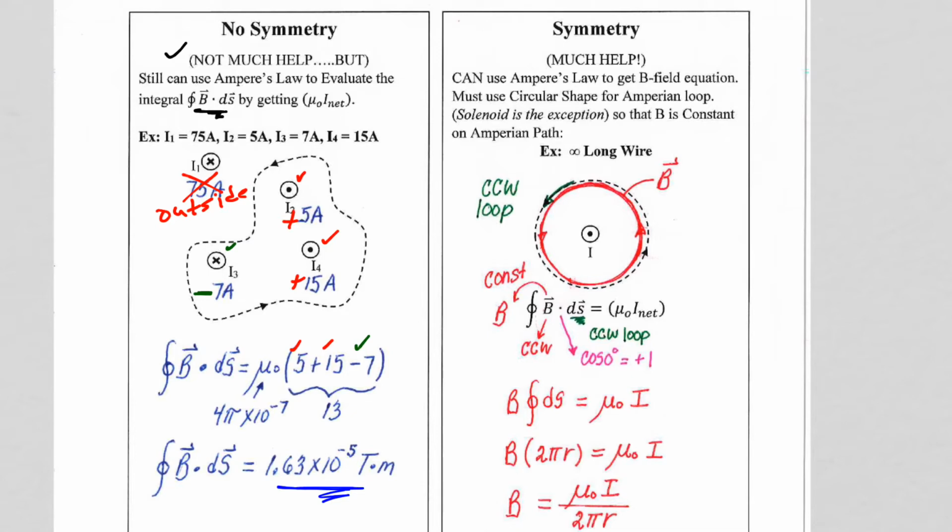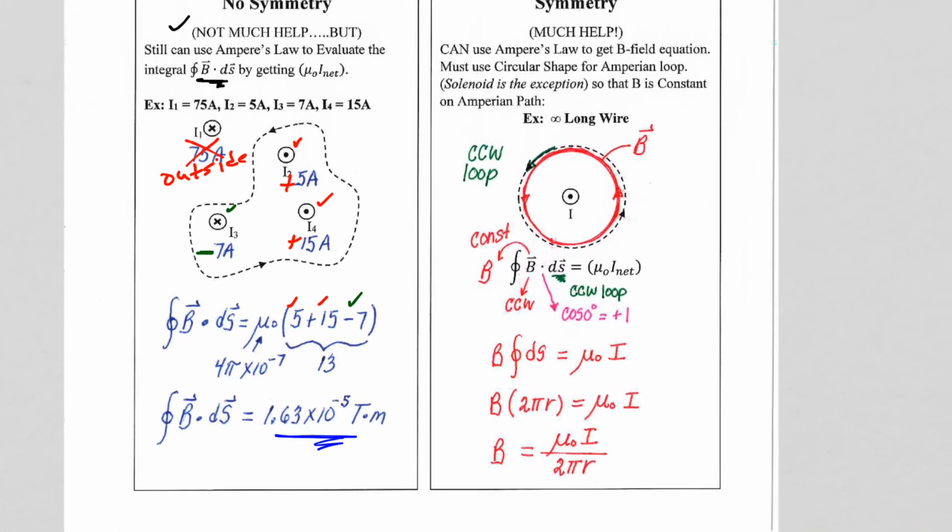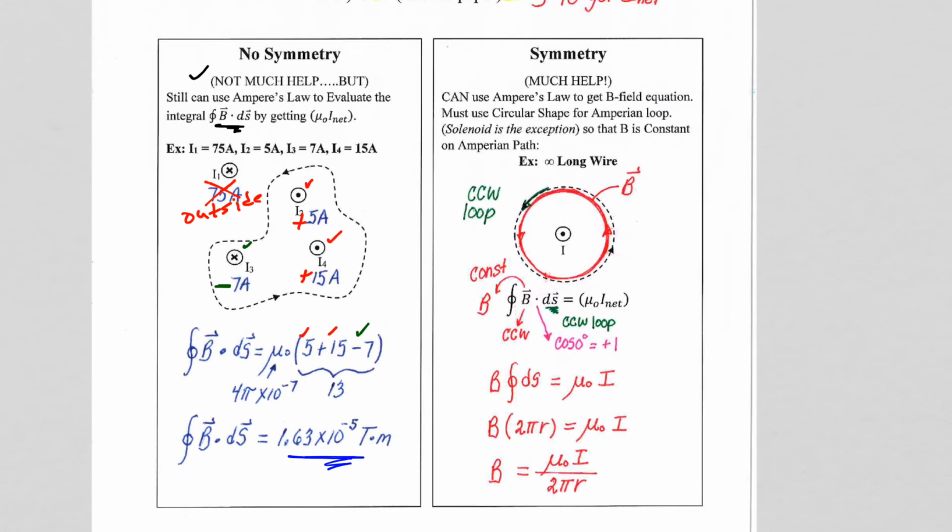We can very easily, very quickly employ Ampere's law to get a derivation for the B field for the long straight wire, and that's what this example is showing.